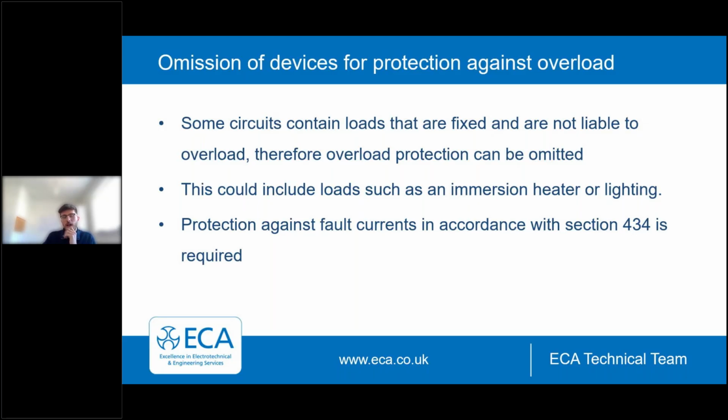Okay, again, we have been asked about this one occasionally on the helpline. So overload can be omitted for certain loads where there is no possibility of an overload condition. Now, where this is the case, of course, I had this formula up on screen a little bit earlier.